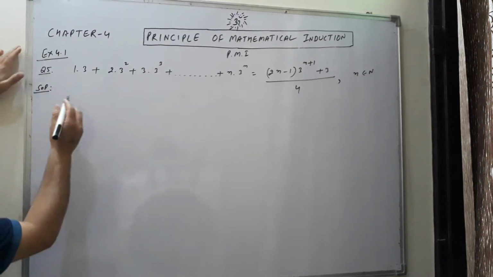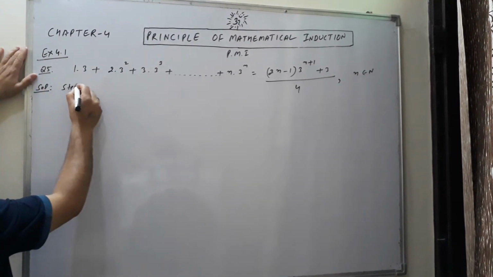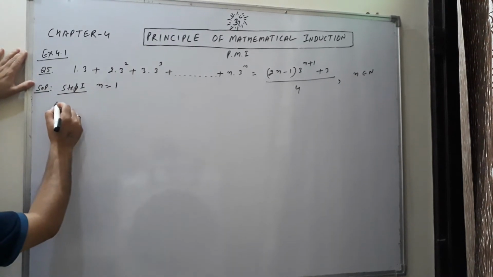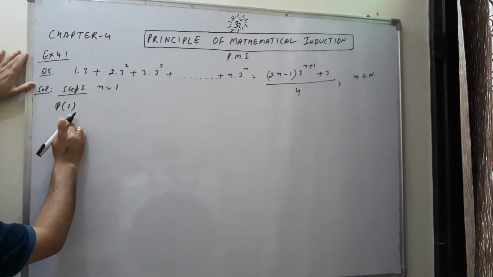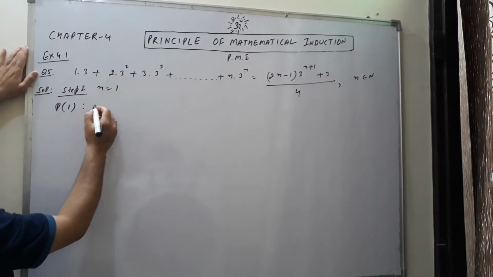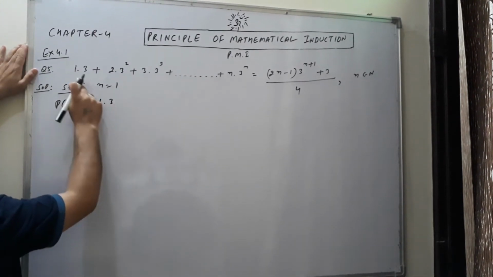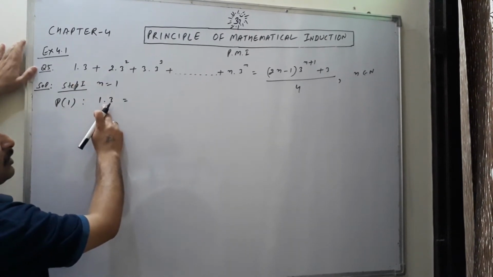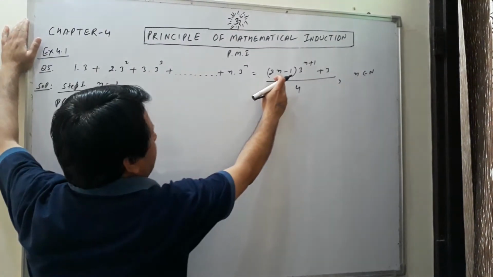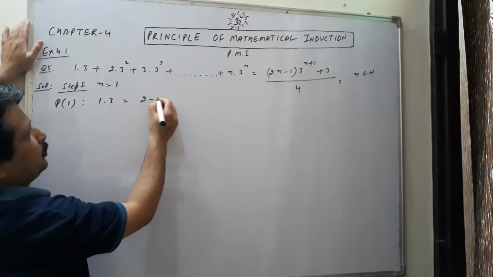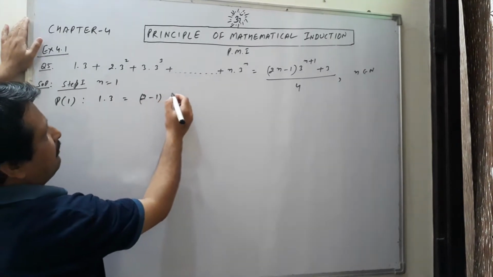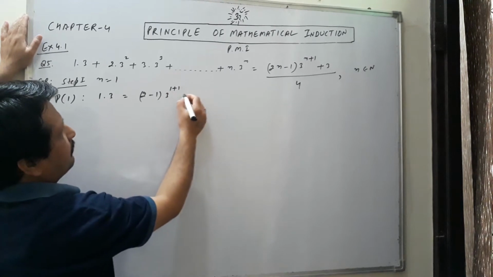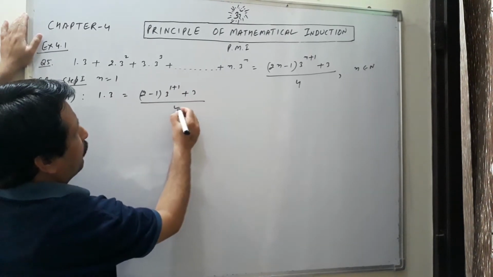So let us come, students. Here is step number 1, that is n is equal to 1. So P of 1 means the principal value is 1, such that 1 into 3, this is the dot product, students, is equal to, at the place of n we will put 1 now, (2 minus 1) into 3 its power is 1 plus 1, plus 3 upon 4.